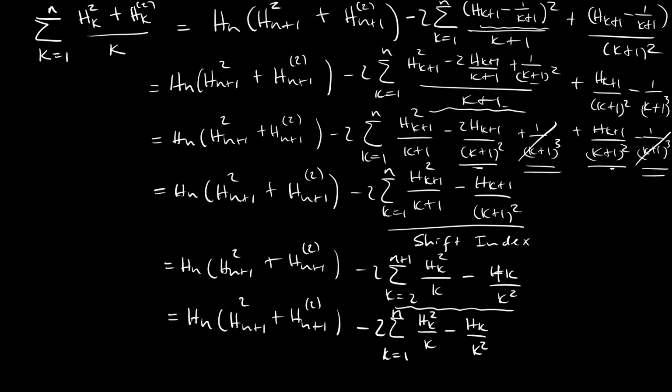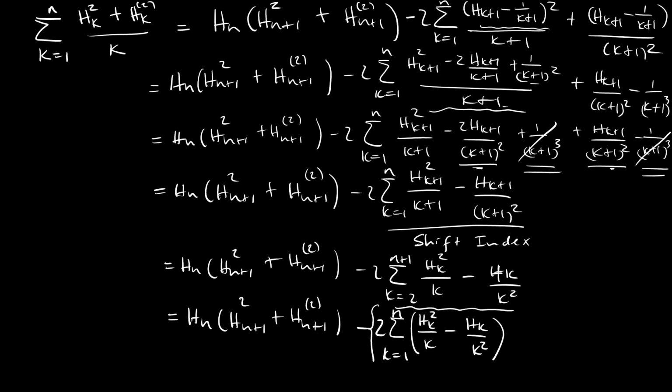And so what happens eventually is that we now have to factor in the minus 1 term. So for k equals 1, we have to subtract that off.